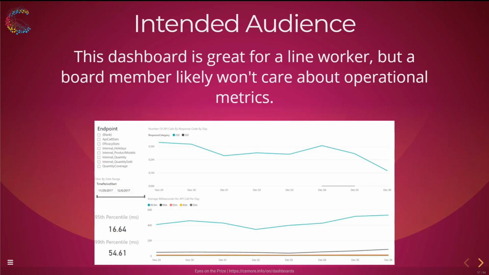At that point, then the message can come down and my team can figure out ways to put markers in. Okay, well, we need to hit this level. So it's a process, but this kind of dashboard really is intended for line employees who have a deeper understanding of the systems themselves.